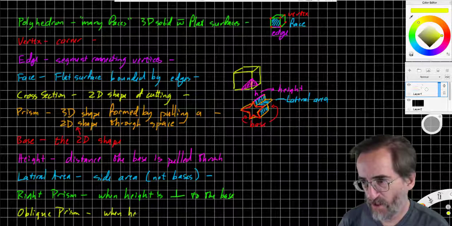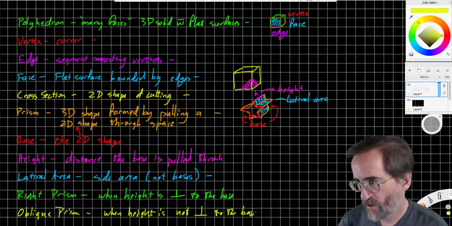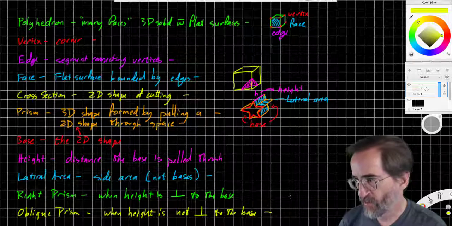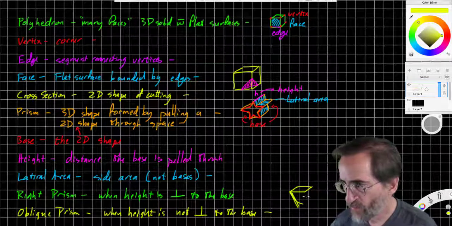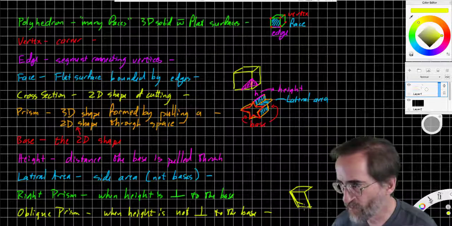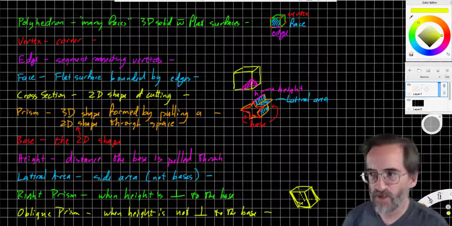When height is not perpendicular to the base. Example, we might pull a square or a rectangle through space at an angle other than a right angle. Okay, that would be an oblique prism.